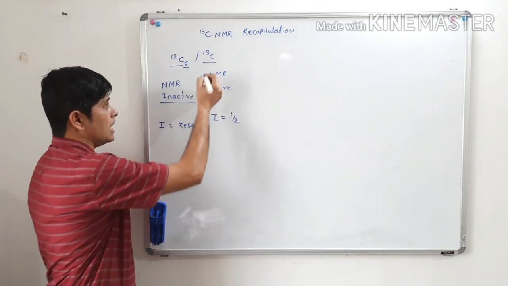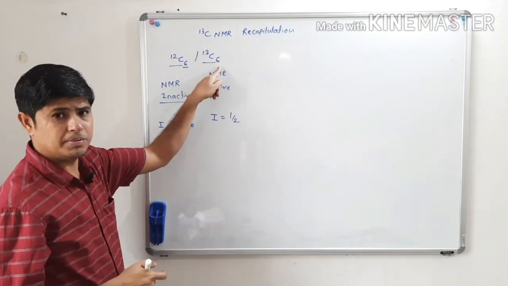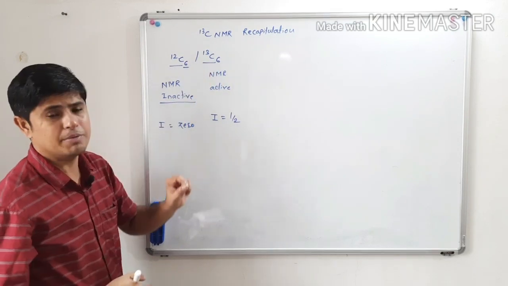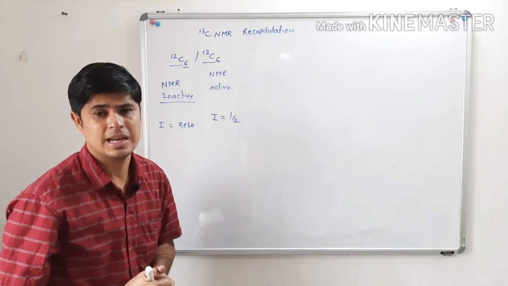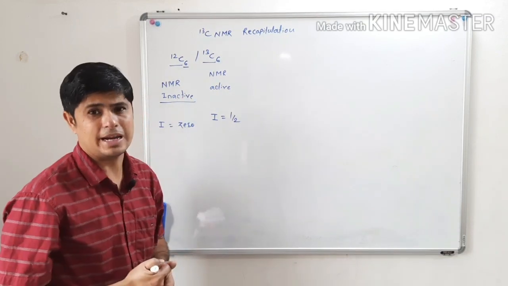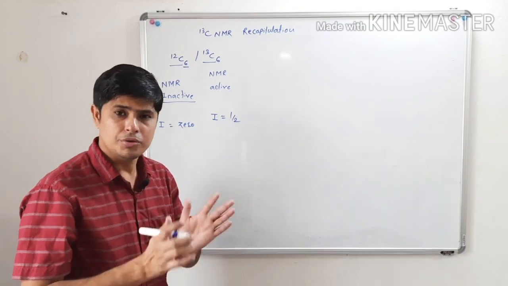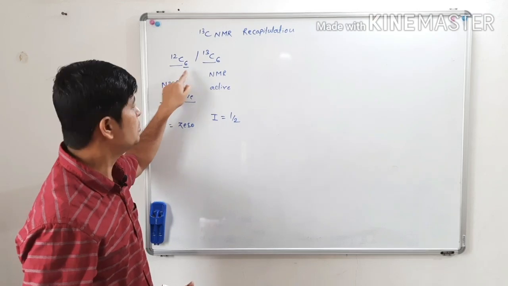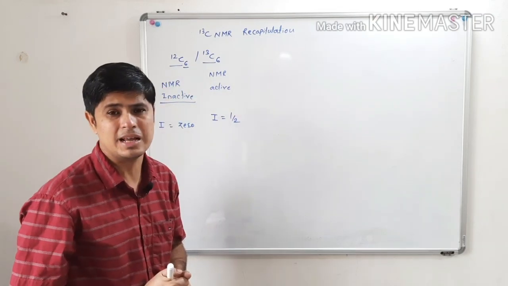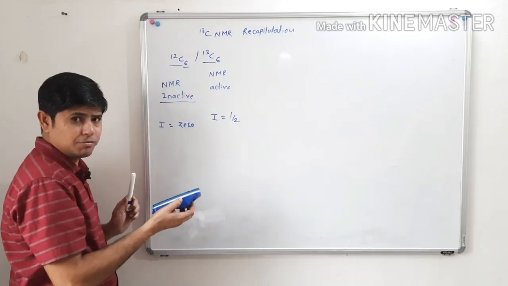Carbon 13 has an even atomic number, but an odd mass number, hence it is NMR active. I hope you have understood why carbon 12 is NMR inactive and carbon 13 is NMR active. This is the first thing that we have seen here.